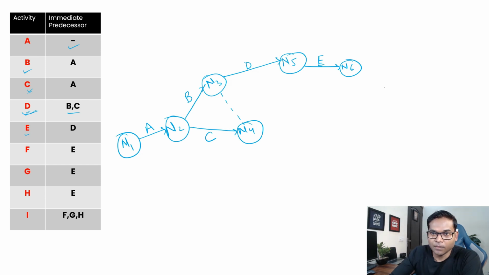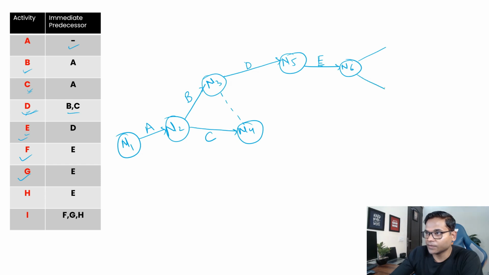Then your F has to go out from E, then G also needs to go out from E, and H also needs to come out from E. So let's draw it like this.